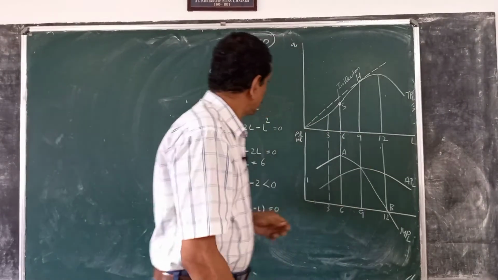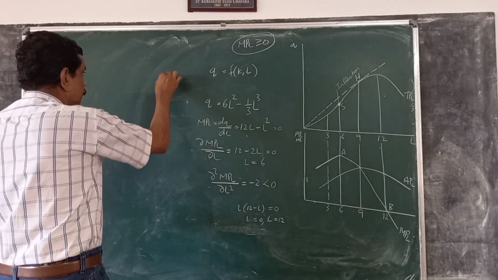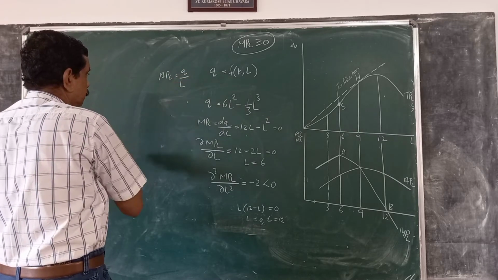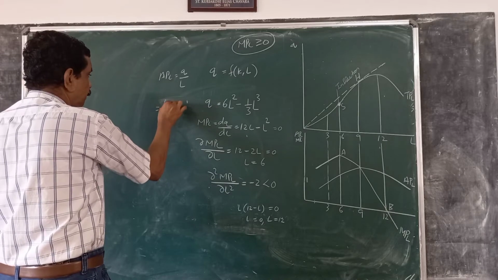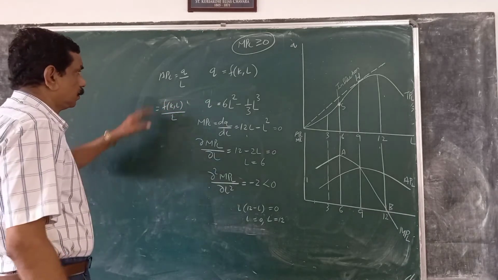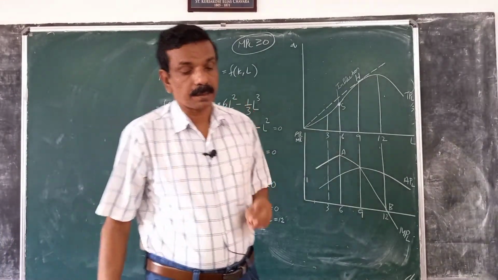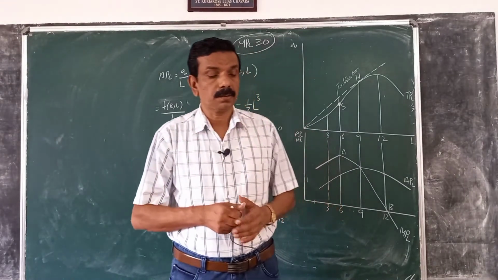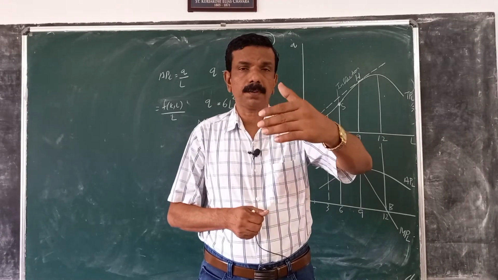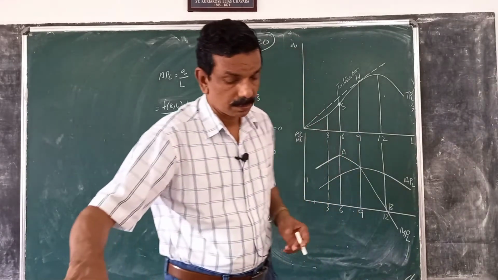So we define APL as Q by L, which is F of K, L divided by L. APL is average productivity and we define it as Q by L. And in general, average product is total product divided by any input.